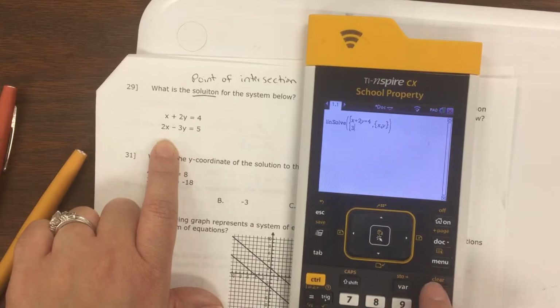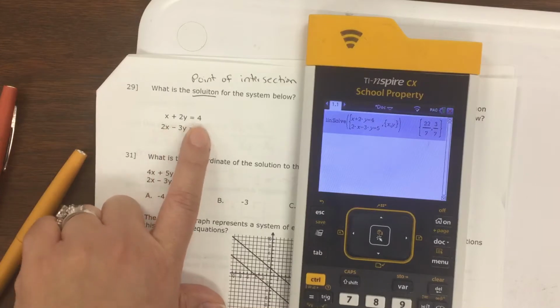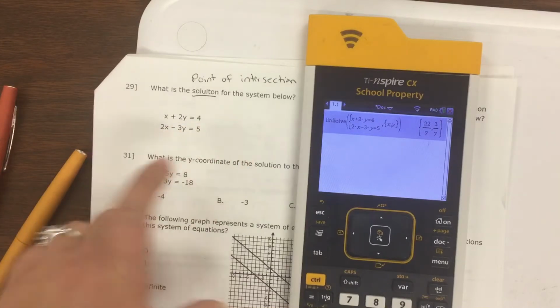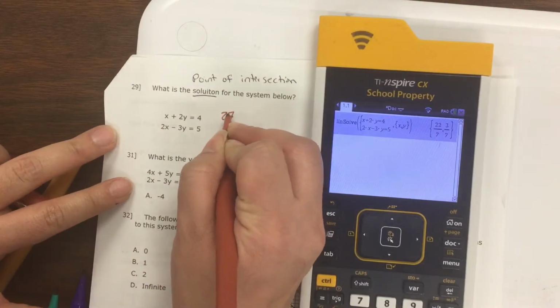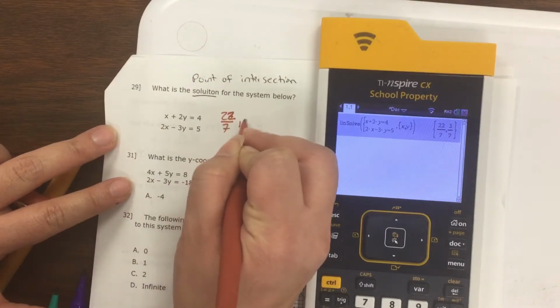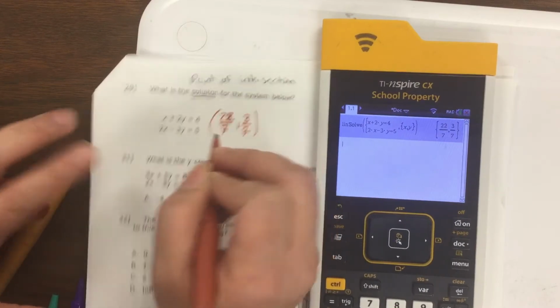Second box, I'm going to type my second equation. Press enter and I get my answer. So make sure I type that right. So here we're looking at x equals 22 over 7, and the y value is 3 over 7.